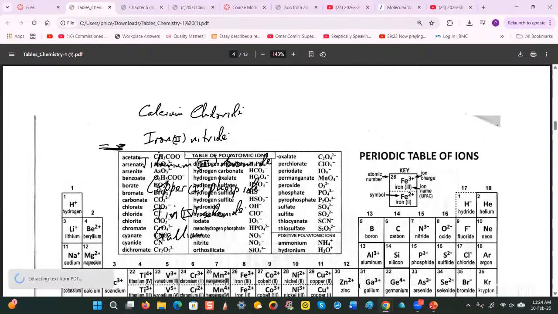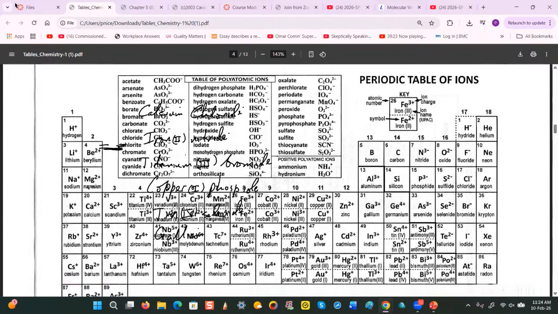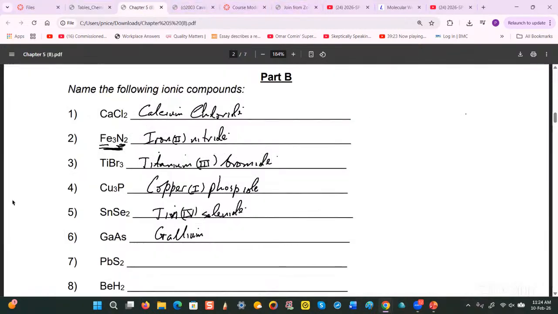Oh, yeah, I guess gallium can only display one charge. So you're right. So let me go back to here. It would be gallium arsenide. Okay, so again, if you understood what we just did here, you should be able to do the rest of that section.